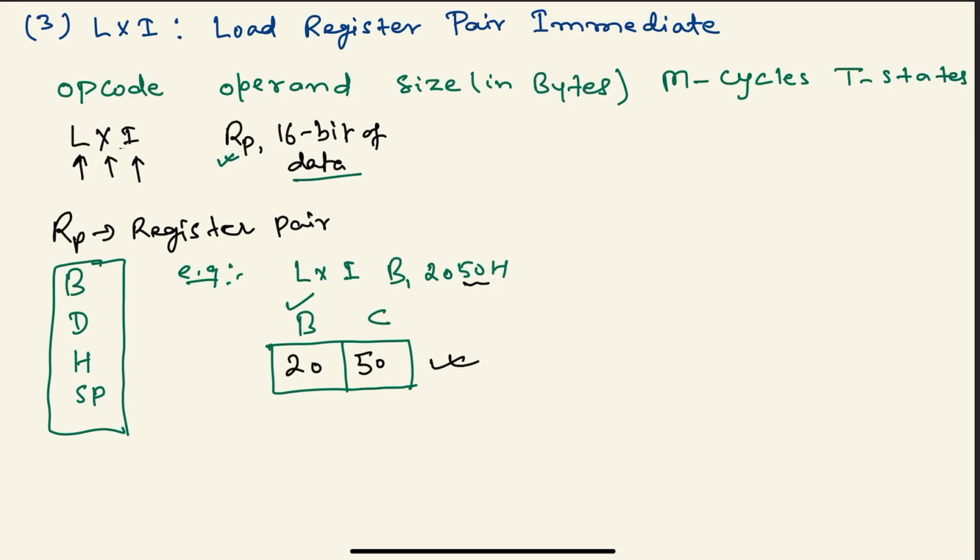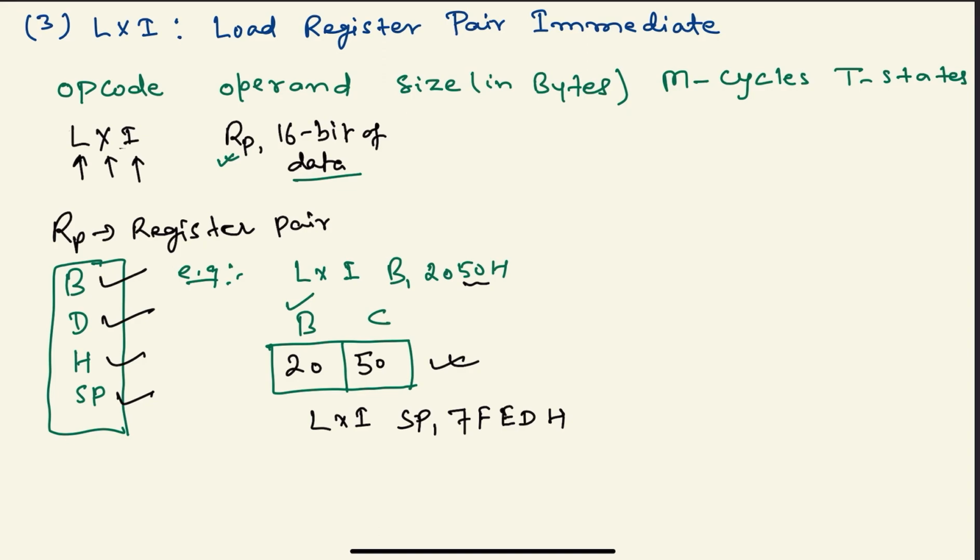We need to keep in mind that the register pairs we are using are the BC register pair, DE register pair, HL register pair, and SP register pair. SP is called the stack pointer. Let's write LXI SP, 7FEDH.